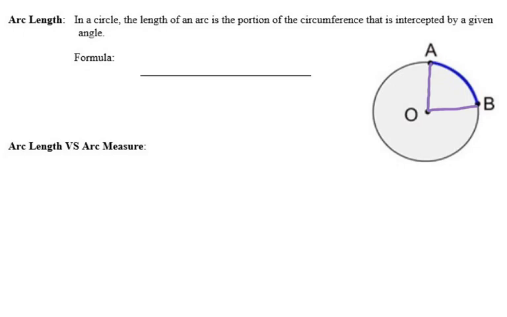The formula that we can use to find arc length is arc length is equal to our central angle divided by 360 degrees times our circumference.